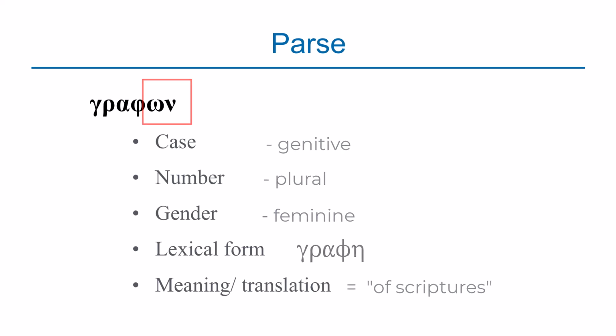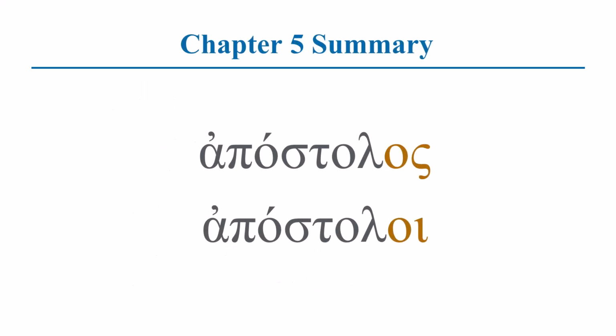And so let's summarize what we've looked at so far. When you look at a noun, most importantly, you need to focus on the case ending, because the case ending will tell you the gender of a word, the case of a word, and the number of a word. And if you want to show how a word can function in different ways, we simply change the case ending. The stem remains the same, but the case ending changes.